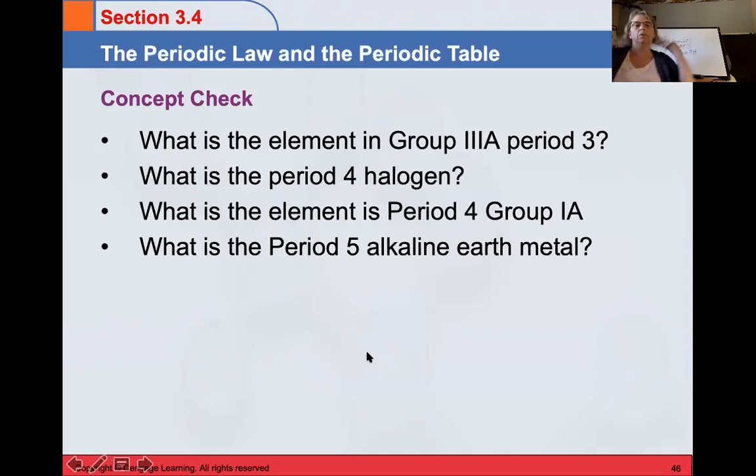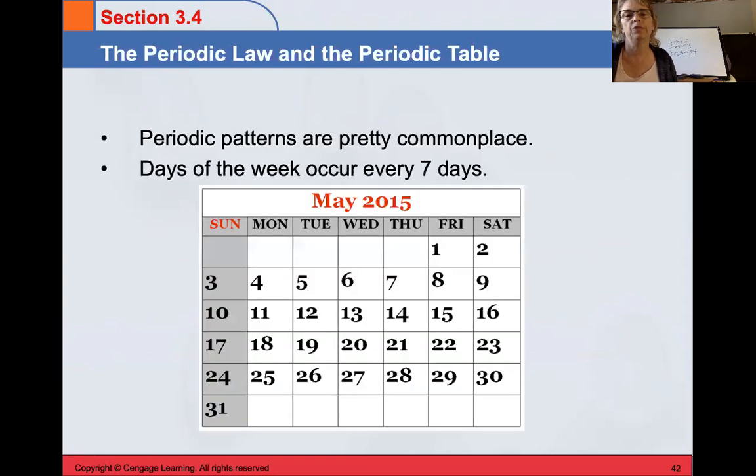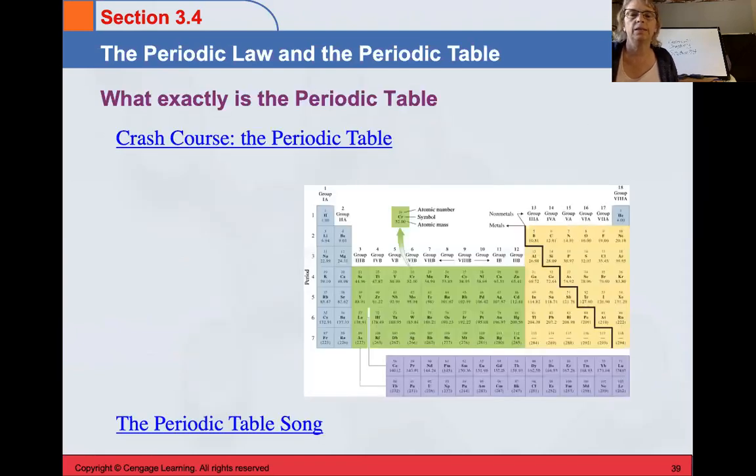So we'll just do a little concept check based on periods and groups. This is sort of like playing Battleship with the periodic table. So you go across and find your group, and then come down from the top to find the period. One thing you want to make sure you don't forget is the period always starts here with number 1.